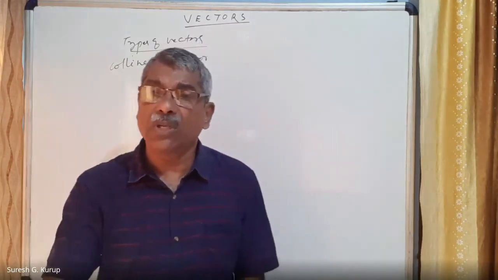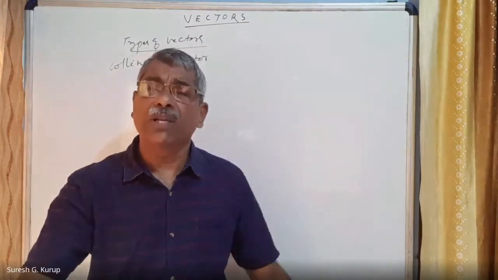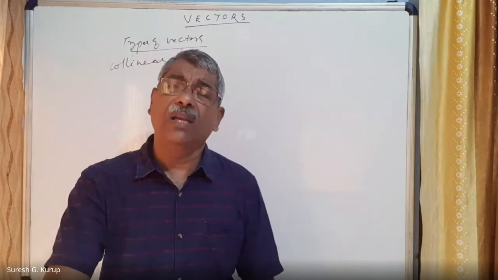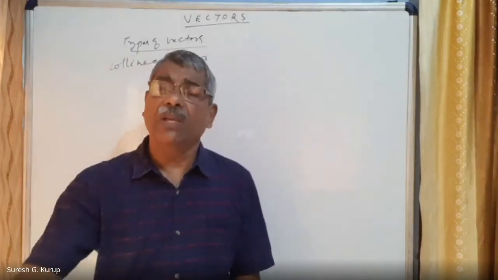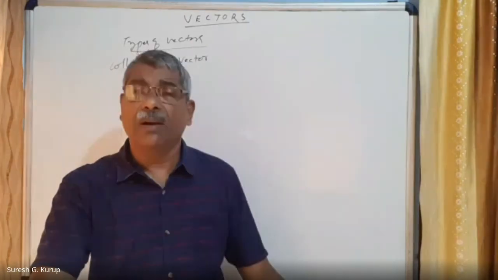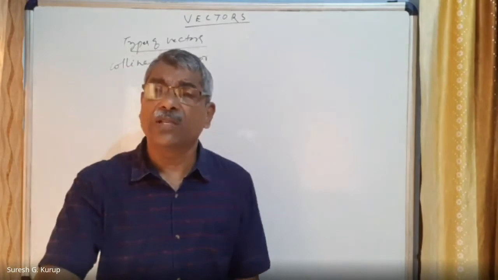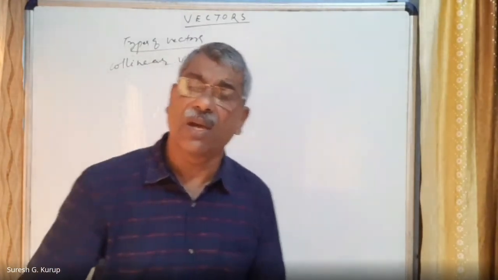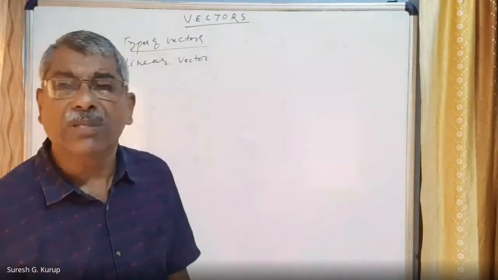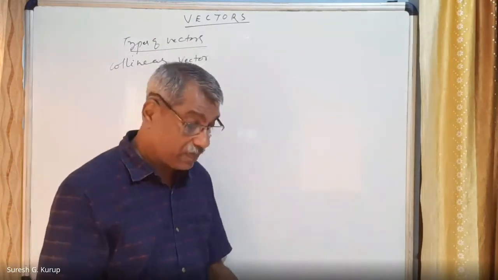That is the importance of learning this lesson, because in physics we deal with vector quantities on so many occasions. Sometimes we shall be multiplying two vectors, sometimes adding, sometimes subtracting vectors. For this, we must have an idea about how vectors are analyzed.